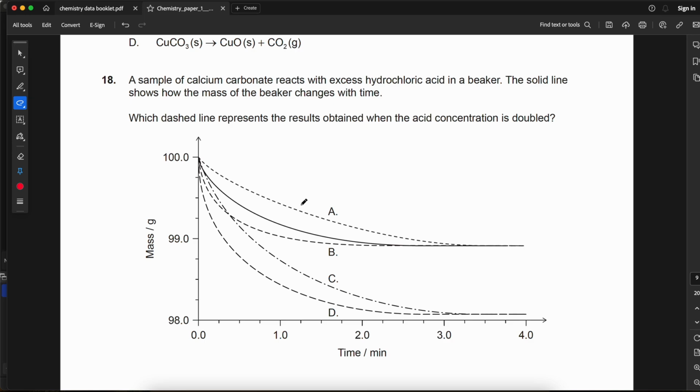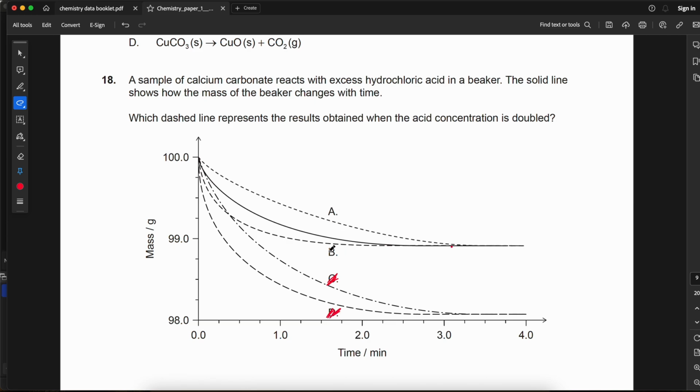It means it will produce the same amount of product, but the reaction is just faster. Therefore, C and D will not be the answer, because they have a different amount of product, but the amount of calcium carbonate stays the same.